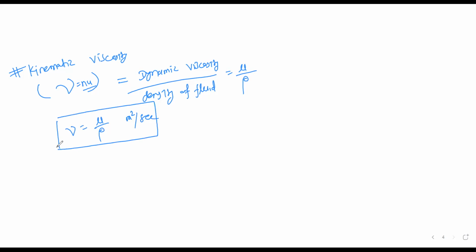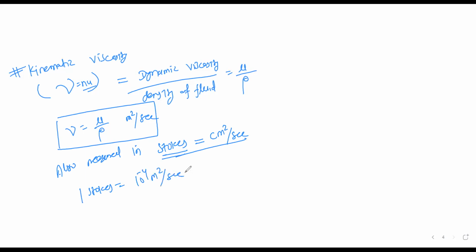Meter square per second. Kinematic viscosity is also measured in Stokes. The Stokes is centimeter square per second. So 1 Stokes is 10 raised to minus 4 meter square per second, because 1 centimeter is equal to 10 raised to minus 2. So 1 centimeter square is equal to 10 raised to minus 4 meter square per second.